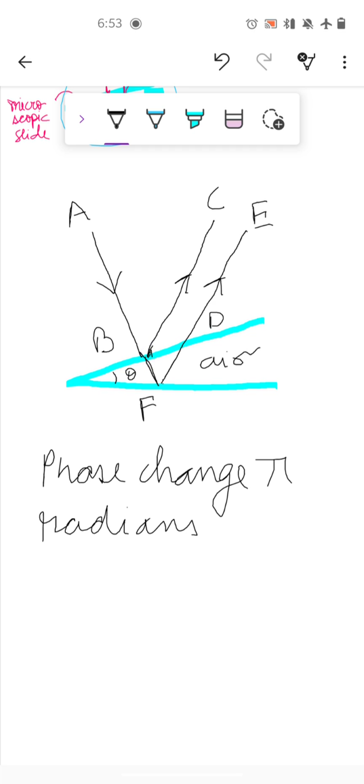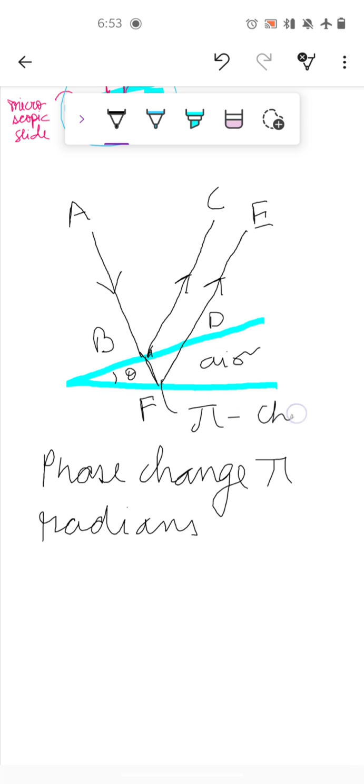When the light enters from B to F and then goes in the direction DE, here we will consider the phase change, because when we consider the interference pattern, we see the interference between the rays BC and FE. So we have to consider the pi change here.